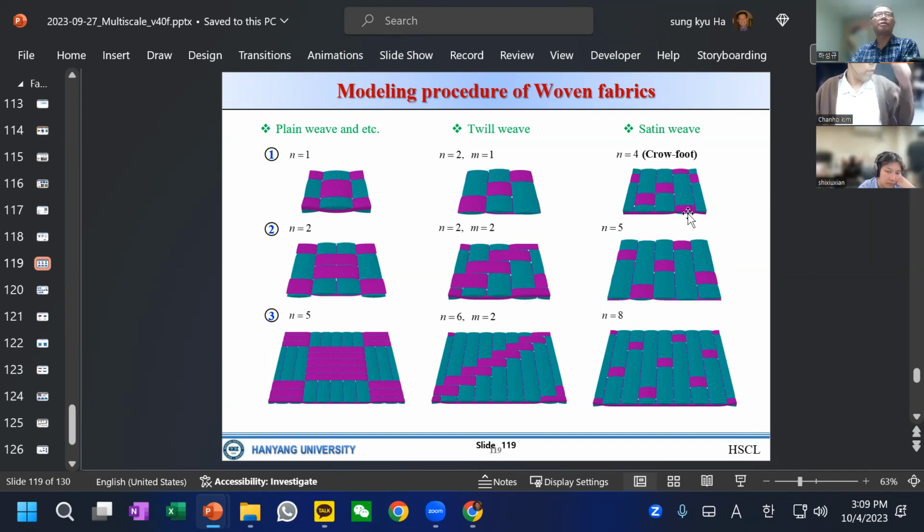So you can imagine how many carbon fibers can be there. Usually the woven fabric can be dry or resin pre-impregnated. If it is dry, then how the resin can flow through this tow, and inside the tow there can be another flow.